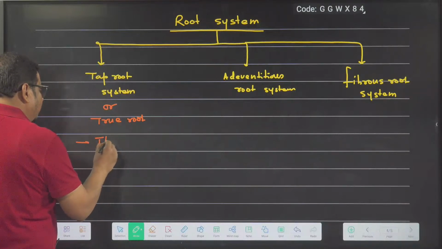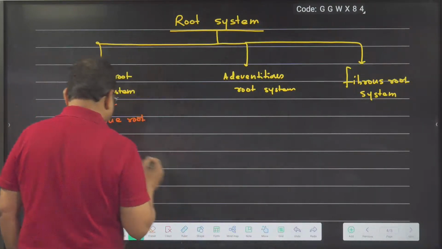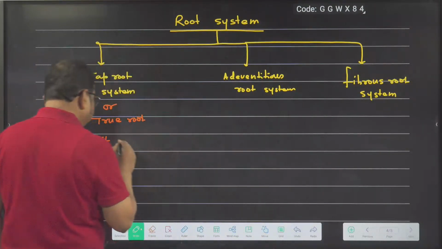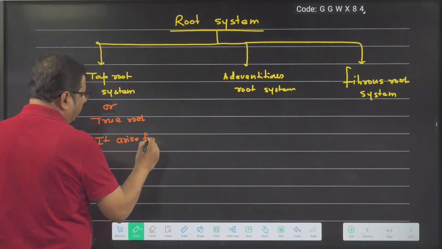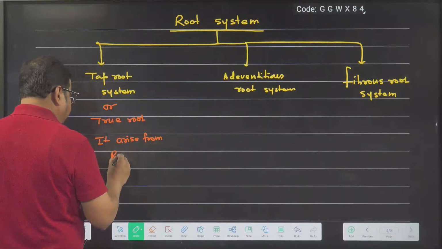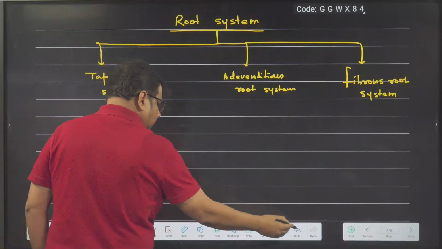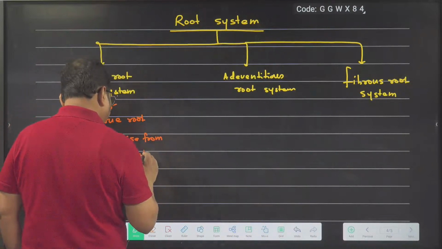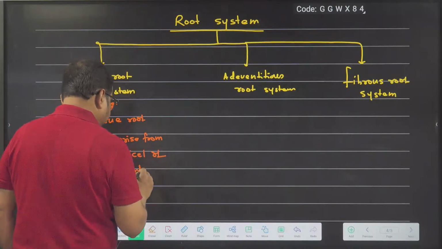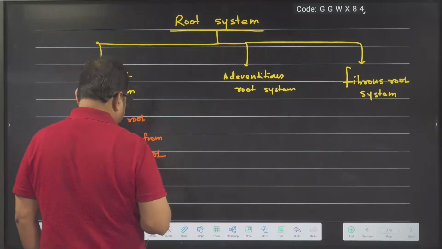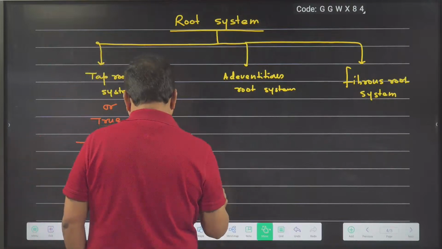It arises from the radicle of the embryo.